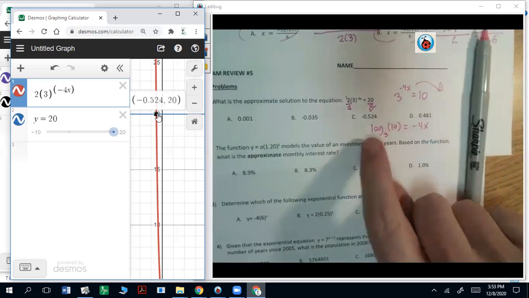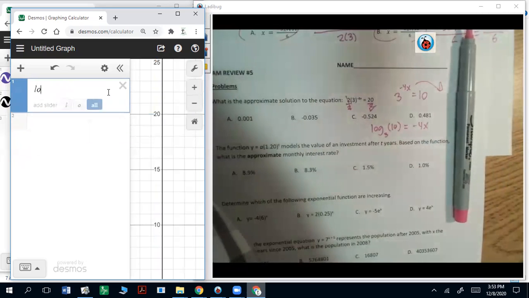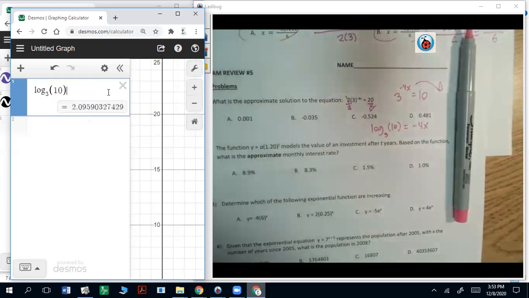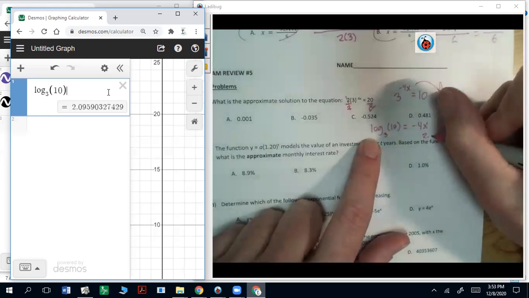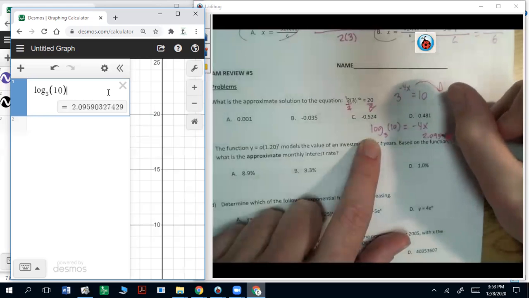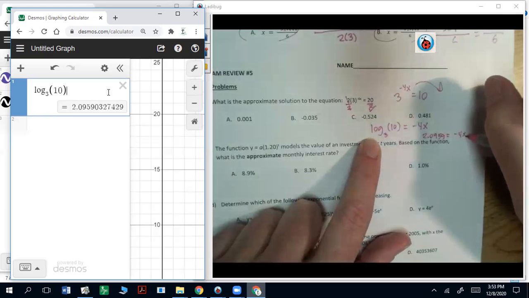So you can get that in your calculator. On Desmos, you'll type log underscore 3 right arrow 10. So again, do the underscore for the base, and that becomes 2.0959. So approximately 2.0959 equals negative 4x.